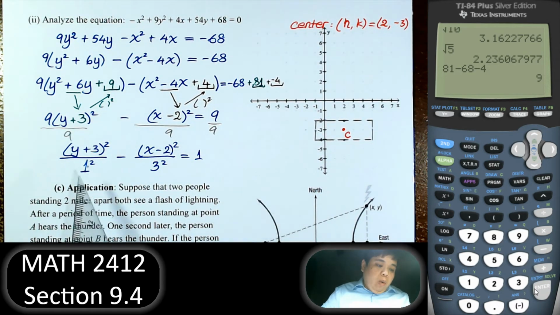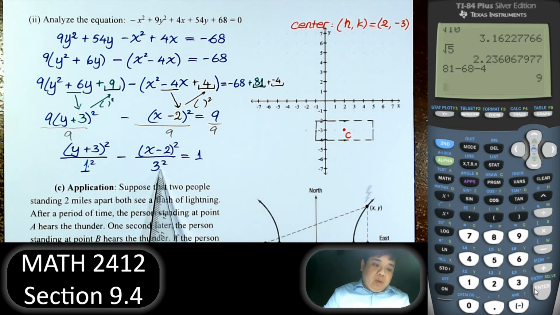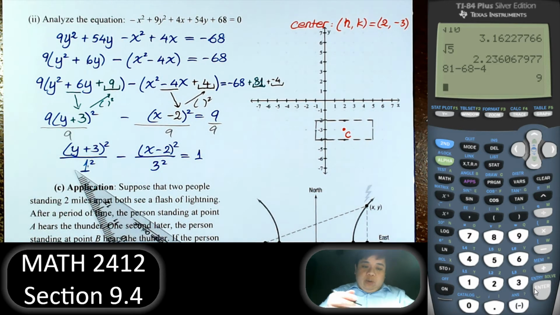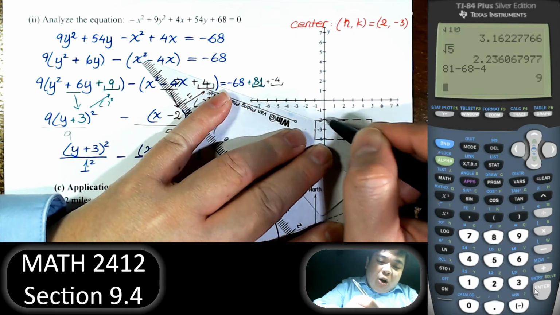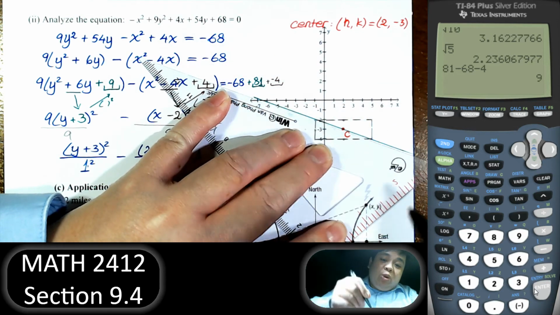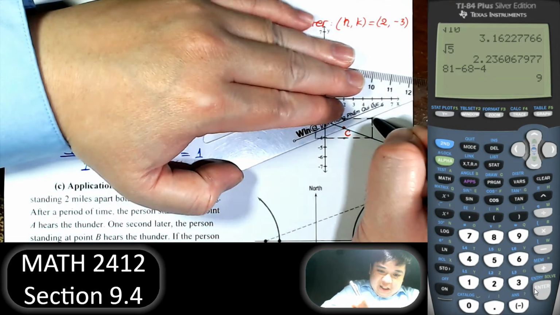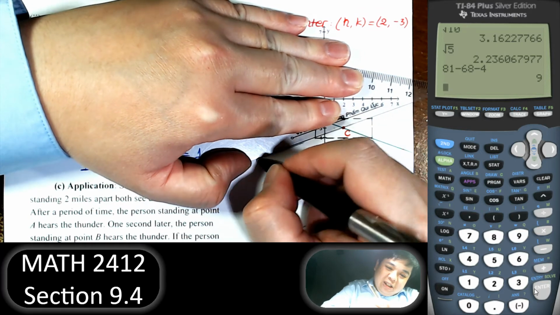Right, 1 up, 1 down, 3 left, 3 right, and we have the box. It's easy to graph. It's more popular than coming up with the equation, which is not that bad either.